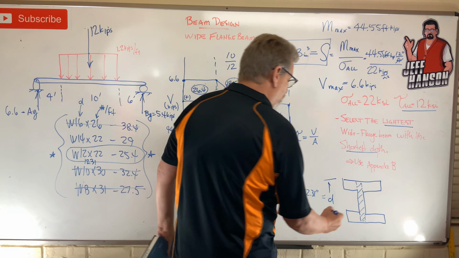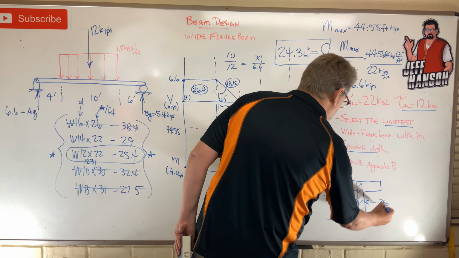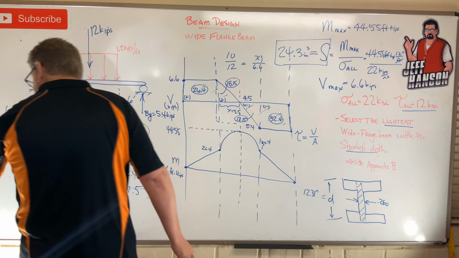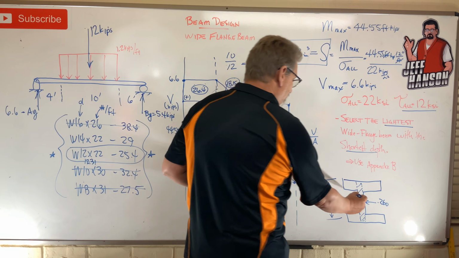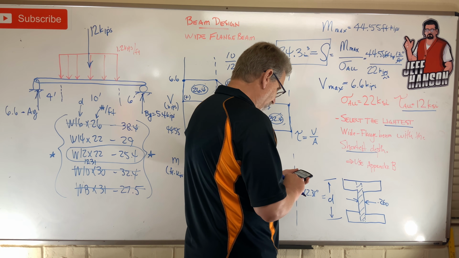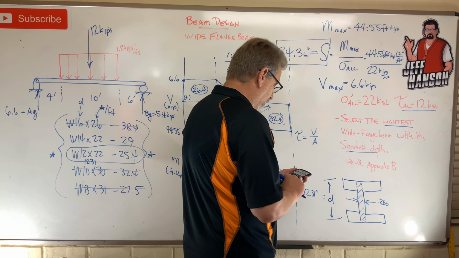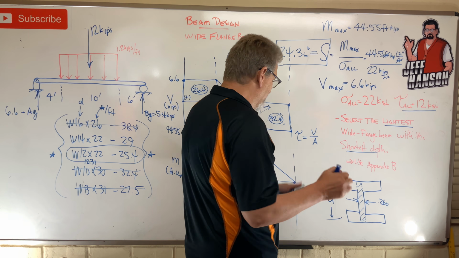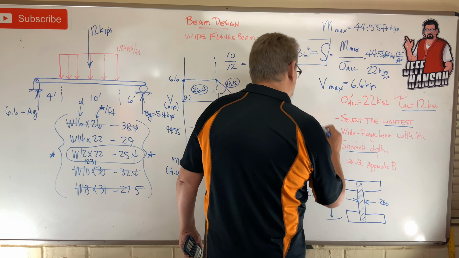So a little more than a quarter of an inch. Now we need our calculator because we need this area here, which is 12.31 times 0.260. That's 3.2. And then we got V.